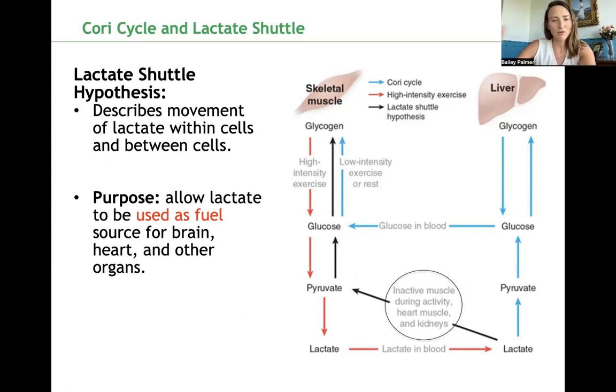The brain, the heart, the kidneys, and inactive muscle can take lactate and use that as a fuel source. So like I said, these are our two other pathways in which lactate can be used by the body. Lactate is produced in the cells, and if it's not taken up by the mitochondria and oxidized, then it goes through these two pathways.